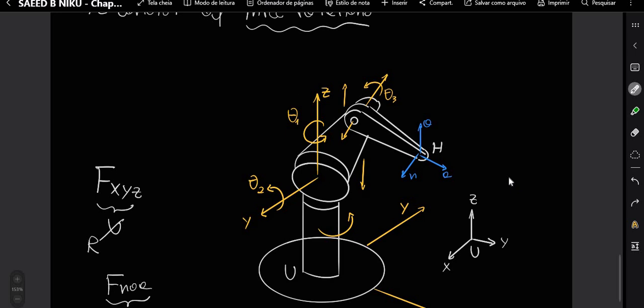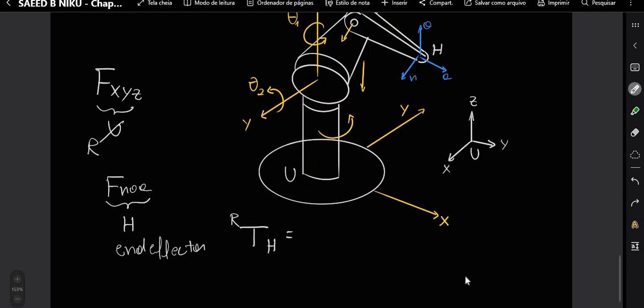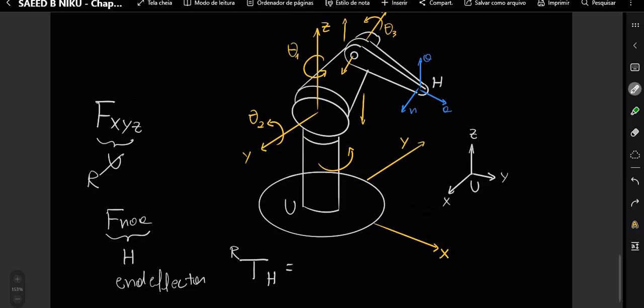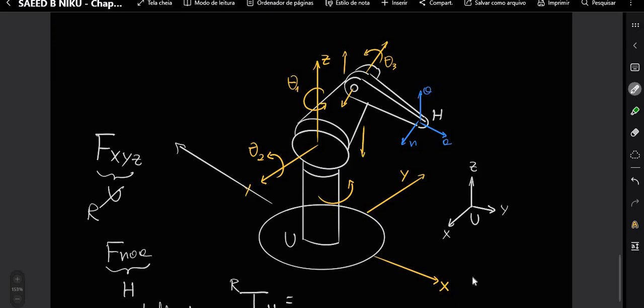if we change the end effector to here, pointing in the same direction as the y-axis but on opposite sides, in some way we can make this axis change its position, its orientation.